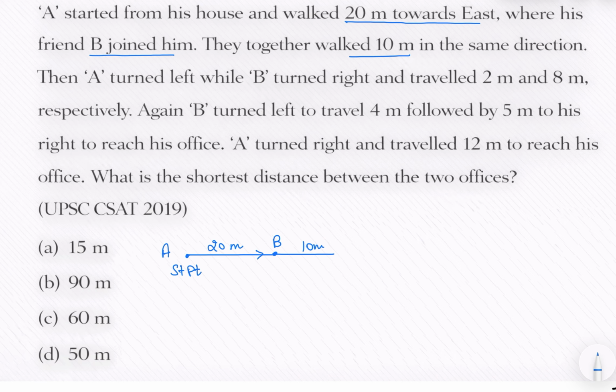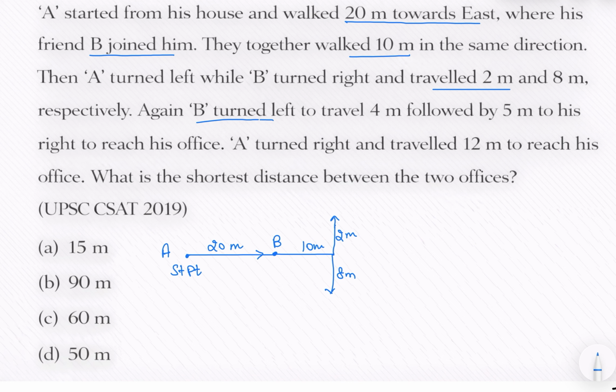They walk 10 meters together in the same direction. A turns left while B turns right, and they travel 2 meter and 8 meter. A will travel 2 meters and B travels 8 meters.